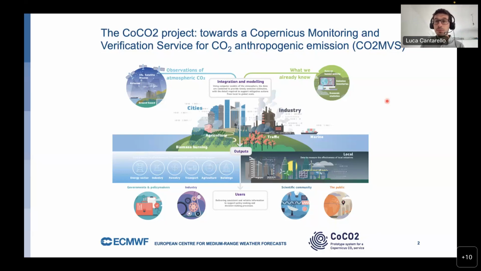And basically, in order to have a system that can monitor and verify the emissions, especially anthropogenic CO2 emissions, so that we can have a service that can inform policymakers and people having to take decisions, especially in view of keeping track of the progress for the implementation of the Paris Agreement.